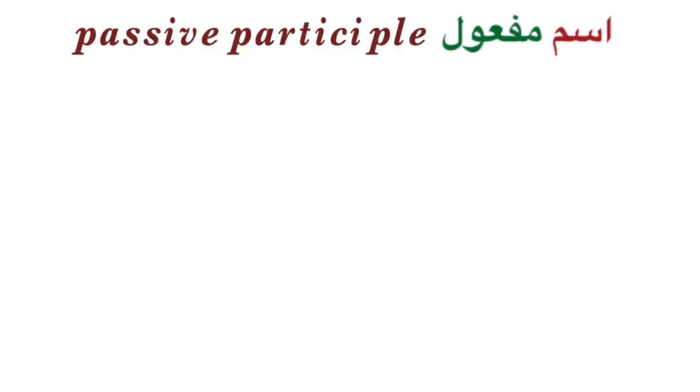The person who is receiving the action is called maf'ul, ism maf'ul. We know maf'ulun bihi is the name of the object, but the noun for the one receiving the action is called ism maf'ul.